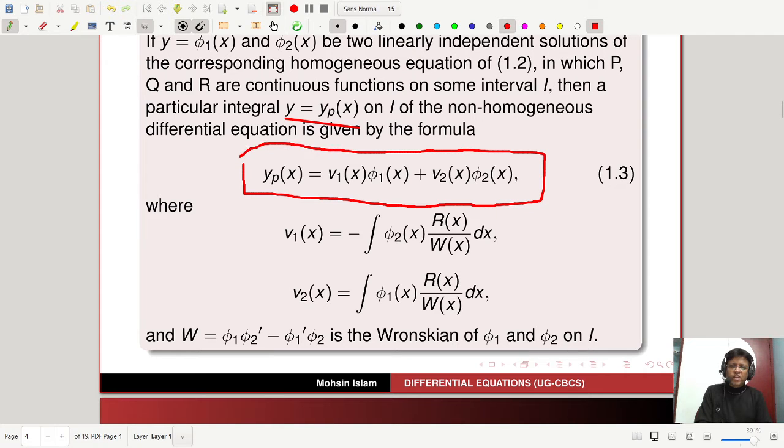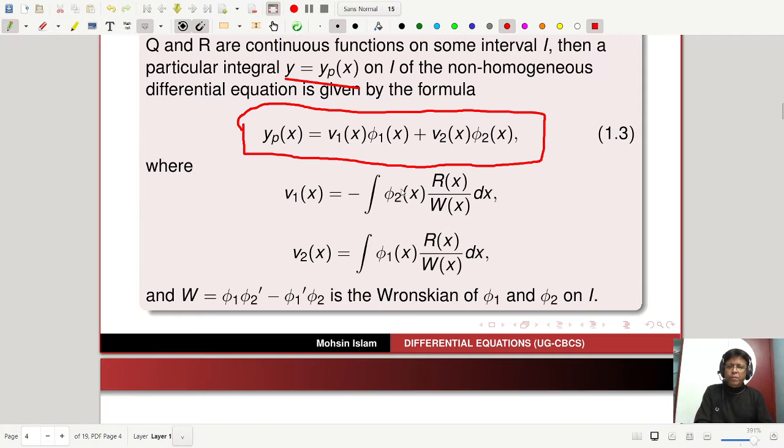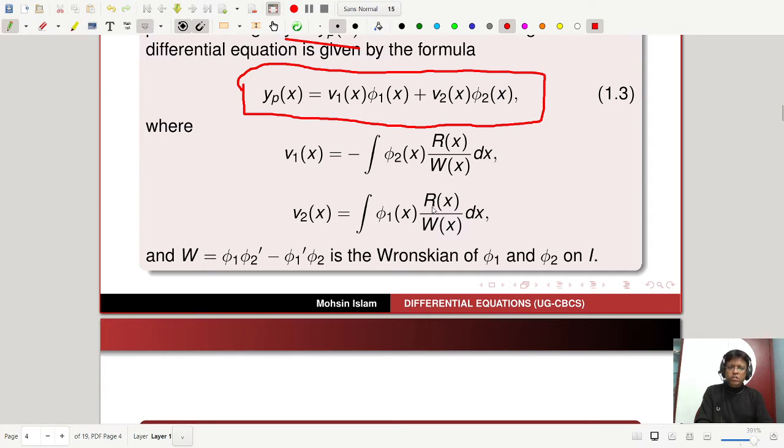yp(x) equal to v1(x) phi 1(x) plus v2(x) phi 2(x), where v1(x) is given by minus integration of phi 2(x) r(x) by W(x) dx, and v2(x) is integration of phi 1(x) r(x) by W(x) dx. Phi 1(x), phi 2(x), r(x) and W(x) are functions of x, where W is nothing but your Wronskian of phi 1 and phi 2.